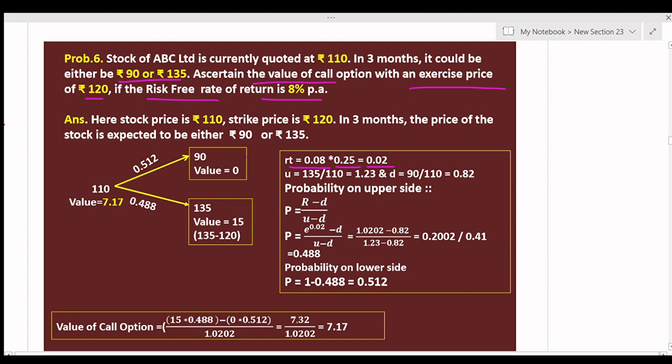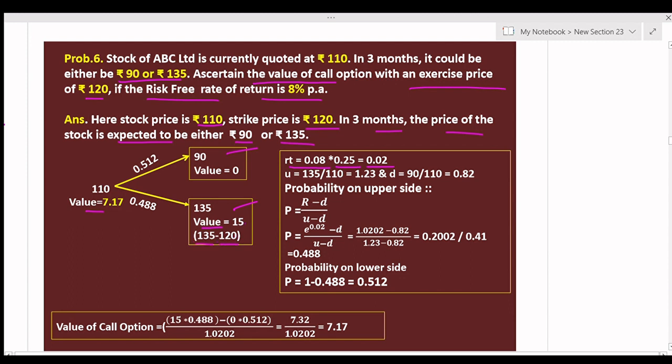Now the stock price is 110 and the strike price is 120. In 3 months' time, the price of the stock is expected to be either rupees 90 or 135. So you draw the diagram: 110 is the base price, the lower limit value is 90 and the upper limit value is 135. Now the value of the call option will be 15, that is 135 minus 120, the strike price.